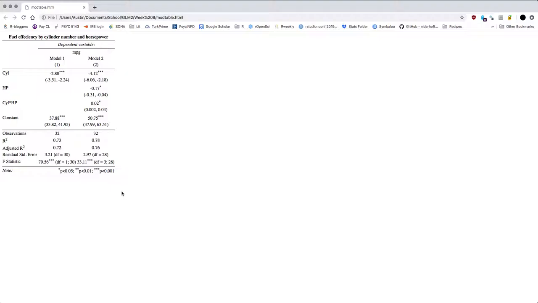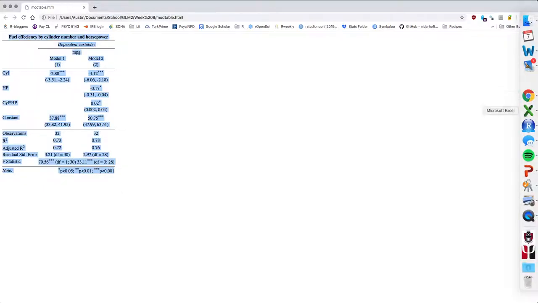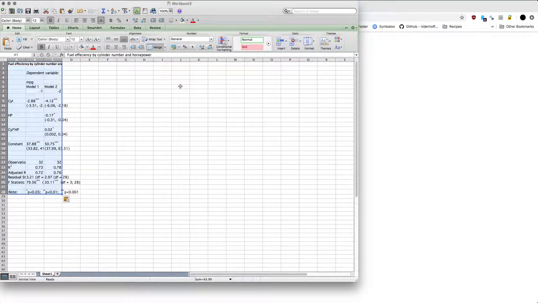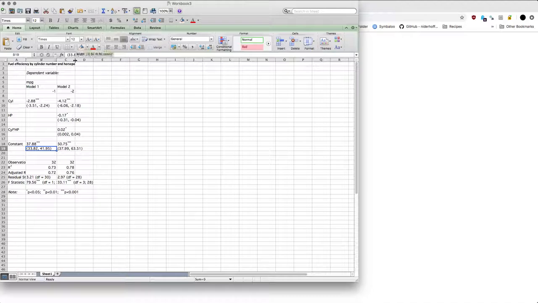Now the beauty of this is that it recognizes the actual cells. In other words, if you copy and paste this entire thing into Excel, you have everything in its appropriate cells, and you can start from here to make this table pretty.